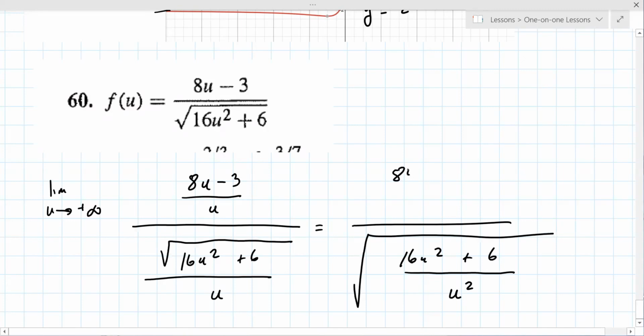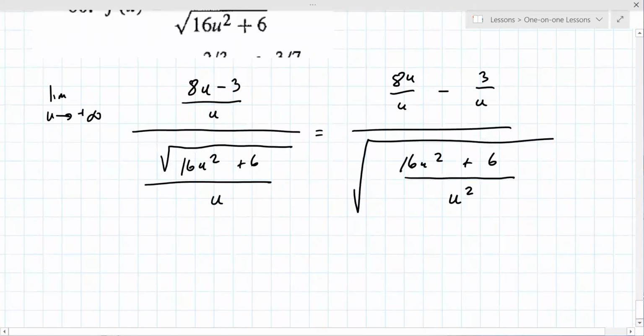Right. Up top here, it's 8u over u minus 3 over u. Sorry, let me do the top first. So the top is, we're going this way, 8 minus 3 over u.